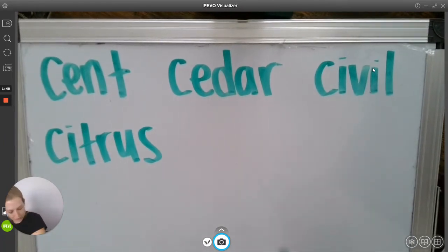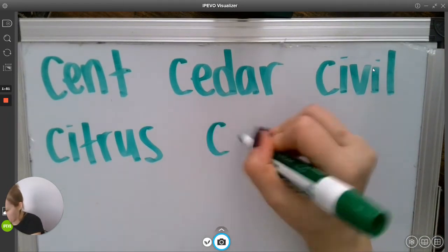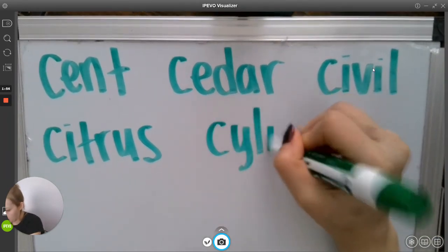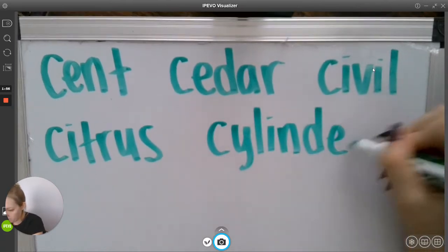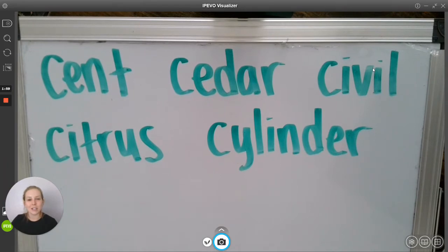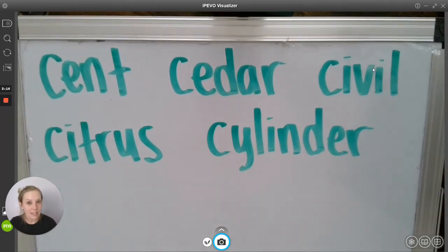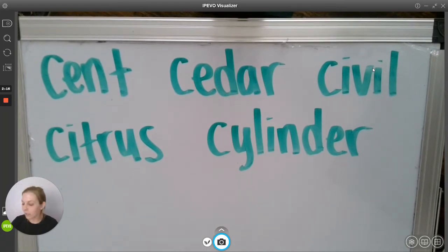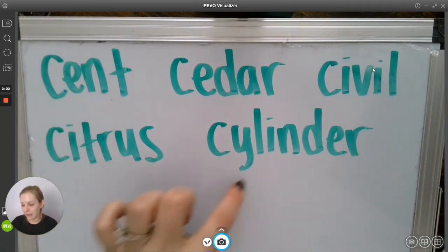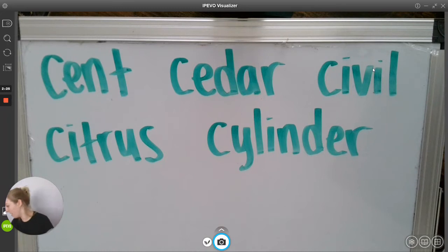And one more word. That word is cylinder. What do you notice about all of these words? What sound do they have in common? So with the C, it's making its soft sound S instead of its hard sound K. And remember, C softens to S when followed by E, I, or Y. Good. We're going to do this a couple more times.